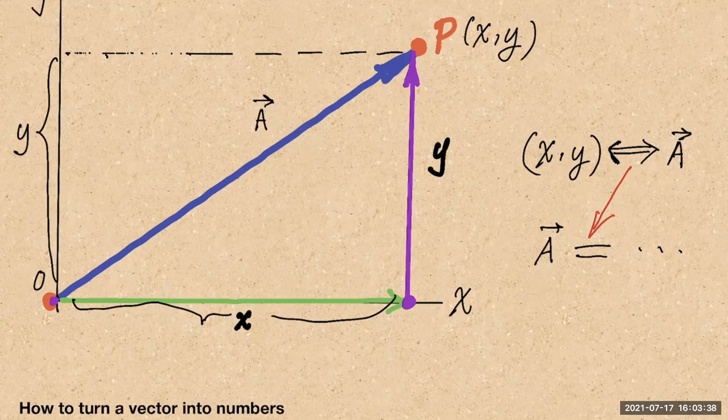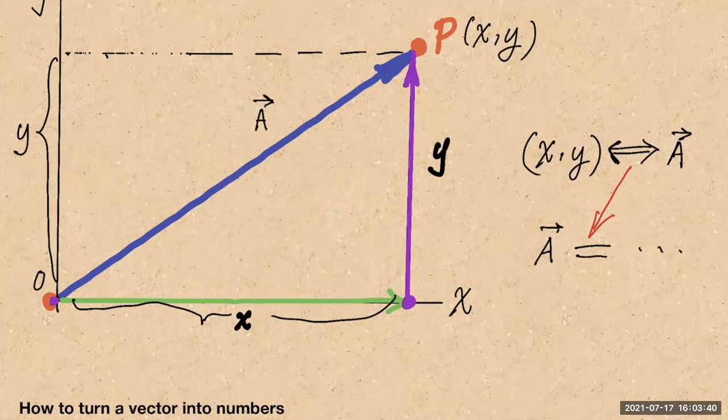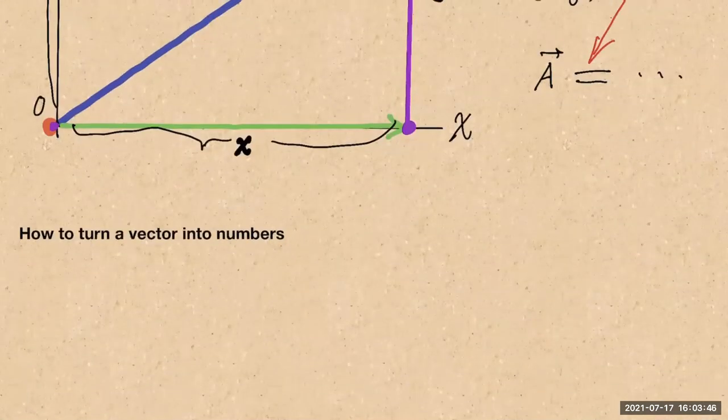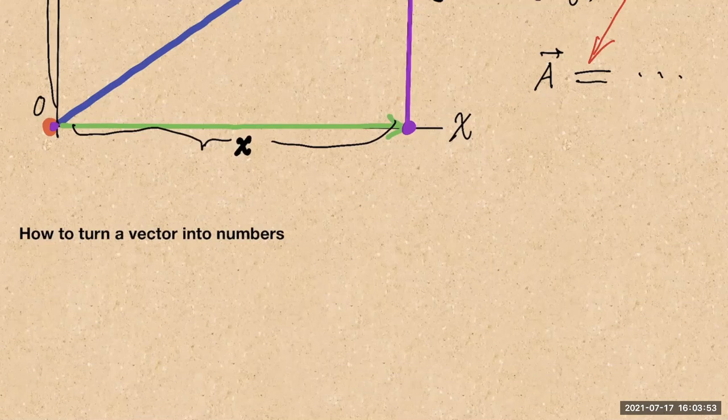And if I were to introduce what's called a unit vector along the x direction, okay, a unit vector. That's a very important concept. We have to use that in order to proceed with vector analysis, vector algebra using numbers.